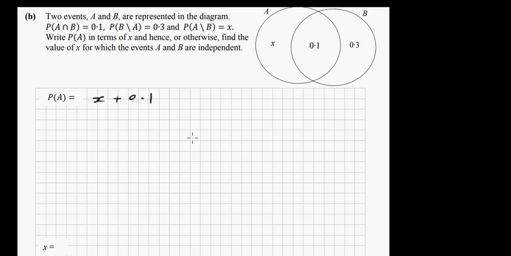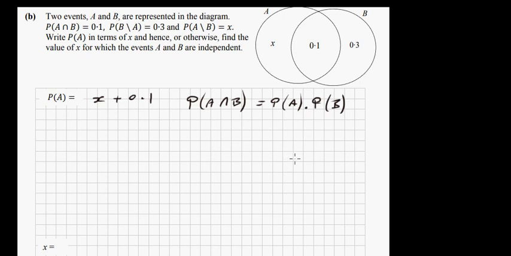Second part, hence or otherwise. Well, let's use the hence bit anyway. Find the value of X for which the events A and B are independent. So for events to be independent, your formula for independence, if you like, is the probability of A intersection B is equal to the probability of A times the probability of B. So if this equation holds in this particular scenario here, then we have independence.